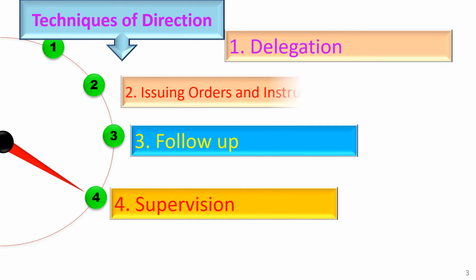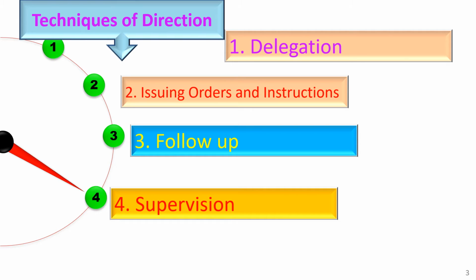The superior assigns his work to subordinates and gives them authority to do the work. This is the most useful technique of direction because the subordinates are motivated with the help of this technique.